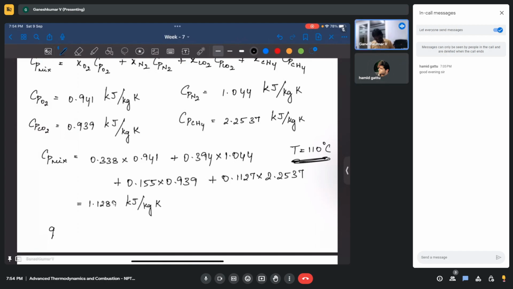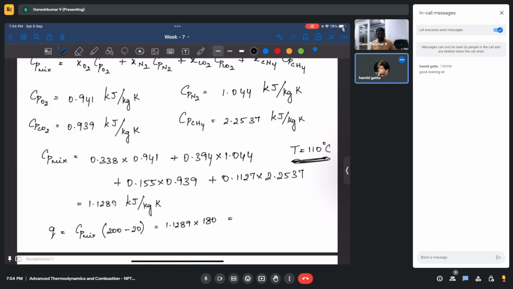That is the case. What is the Q we will get? You get CP of mixture times T2 minus T1, which is 200 minus 20, 180 degrees Celsius. So shall we take the temperature in Kelvin?